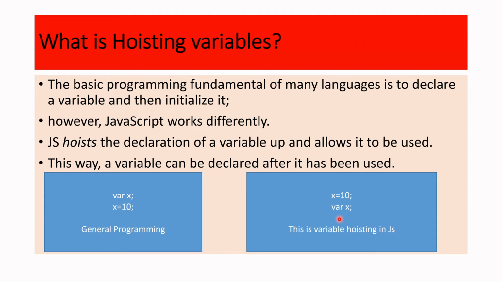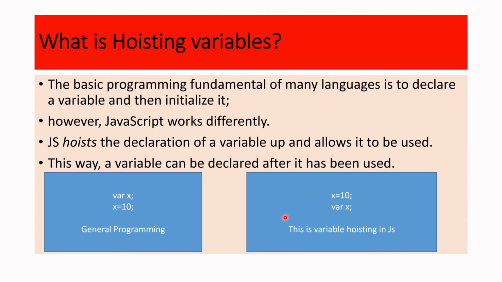There is no difference from defining the variable first and then assigning the value. In JavaScript, if we assign the value and then declare the variable, there is no problem, right? So this concept is called JavaScript hoisting, and it allows JavaScript to hoist the declaration of a variable up and allows it to be used, right?